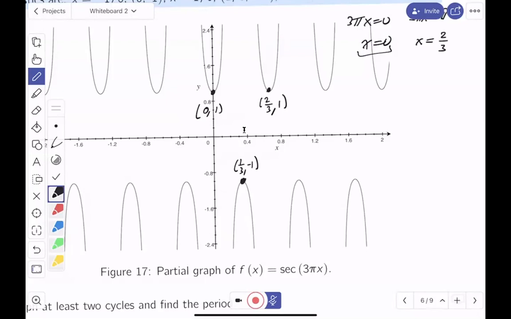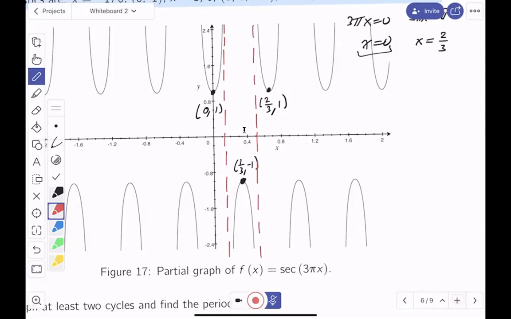I'm going to put my asymptotes in. Now, I know it's difficult. I don't want to go too crazy with it, though. They got to be symmetric, too, and dead center. And what's the center between 0 and 1/3? 1/6, right?